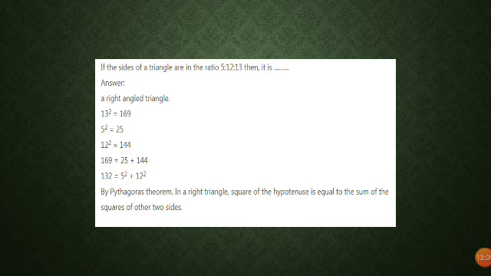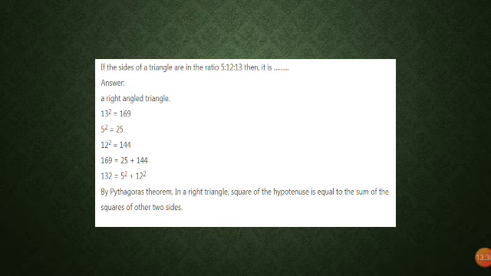Then adding 25 plus 144, we get the value 169 equal to 5 square plus 12 square. So 13 square equal to 5 square plus 12 square. That is called a right angle triangle.